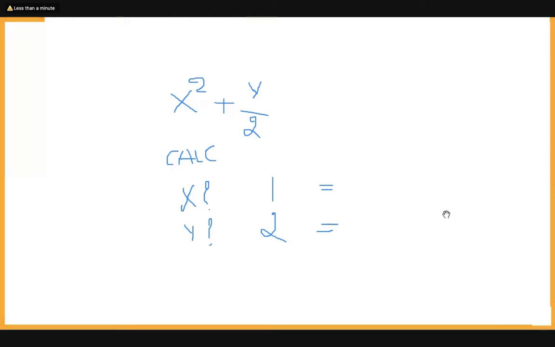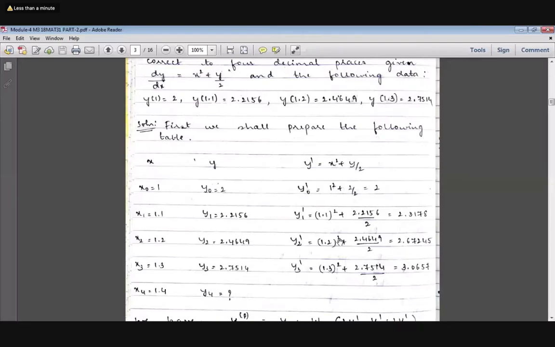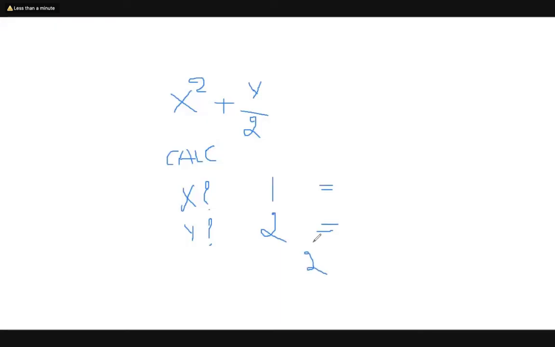It will show the answer as 2. Write that as y dash. Below that y dash, write 2. Next, again press equals. Again it will ask x.